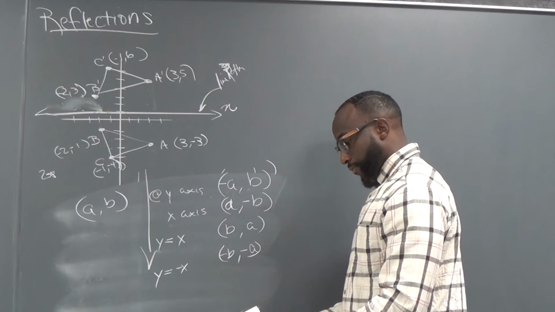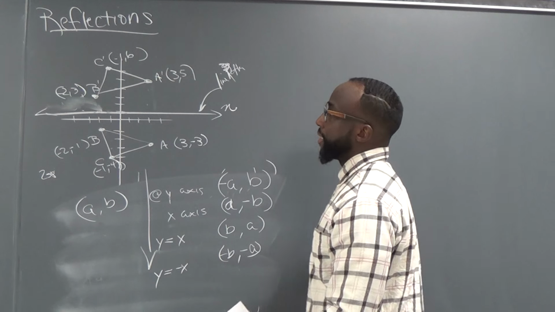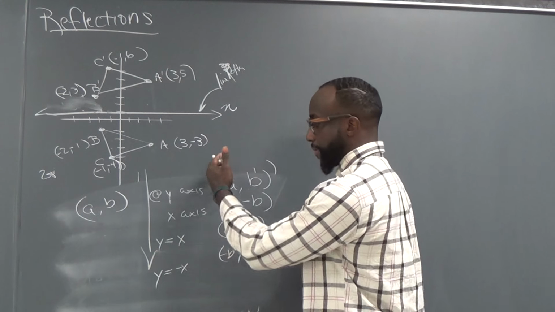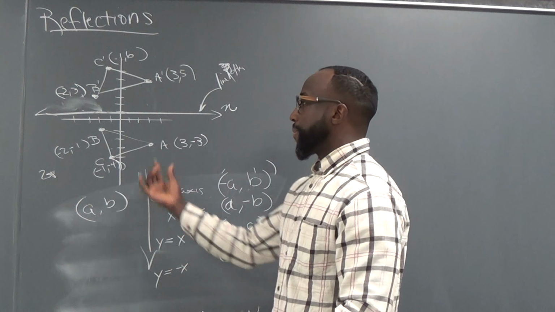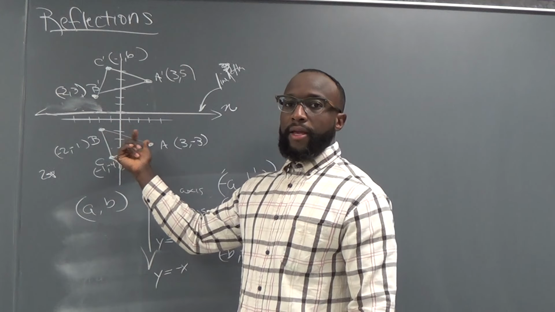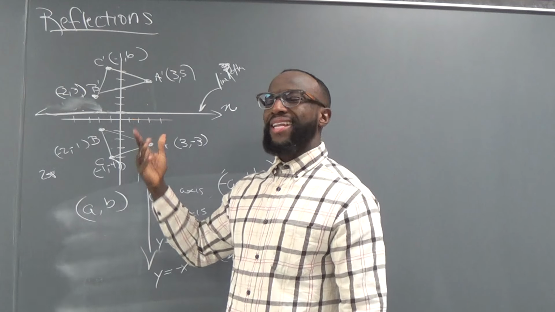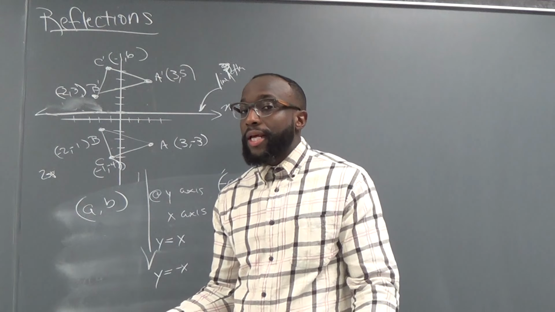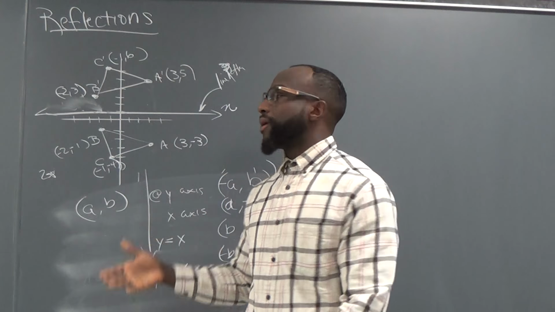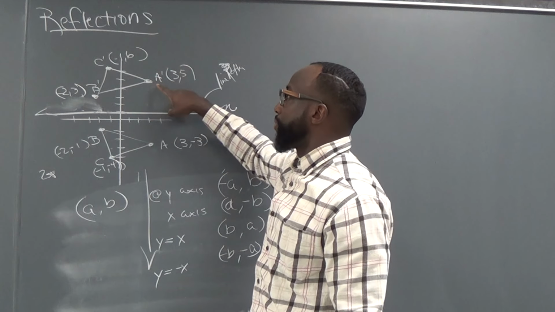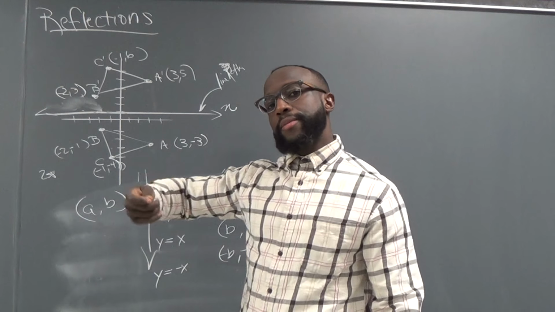Okay? And that is how we deal with reflections. So if you can remember these rules, and remember to find your distance from that point to the line of reflection, which is a line of symmetry, then you'll have no problem with finding your new image point.